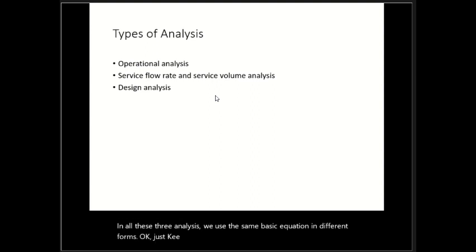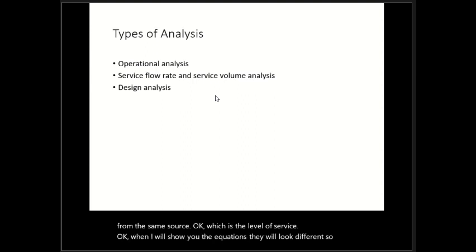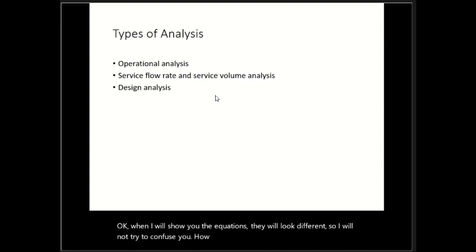They are coming from the same source, which is the level of service. When I show you the equations, they will look different, so I will not try to confuse you with how I get equation 2 from equation 1, but just keep in mind that each of these analyses is using the same concepts and the same basic equation in different forms.